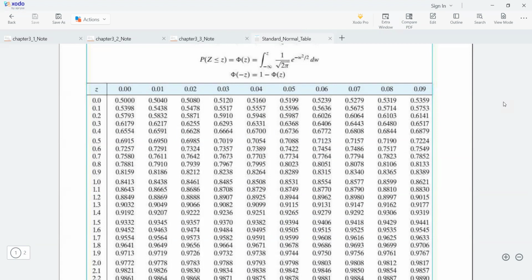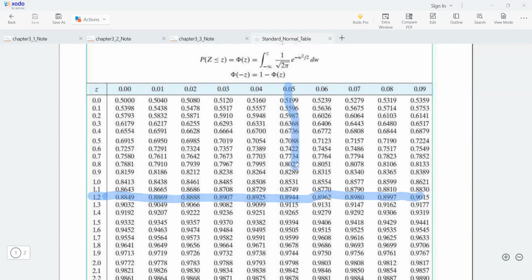Okay, so for 1.25, we can use our graph to get it. You can see here we have 1.2 on this row, and we need to find 1.25. So that means in this row, we need to find the column that gives us an extra 0.05.